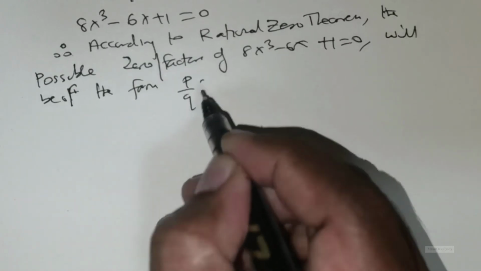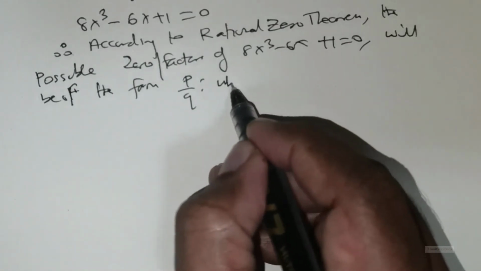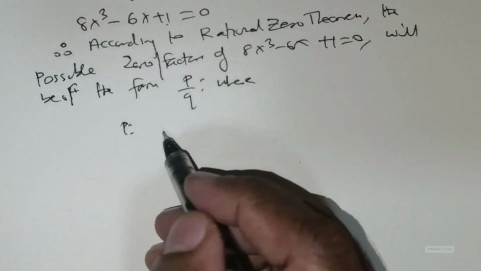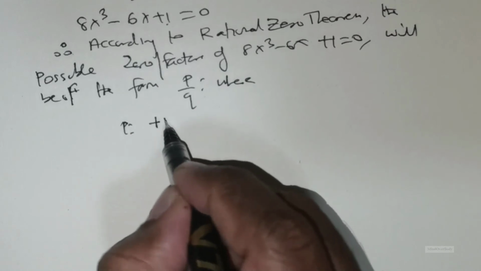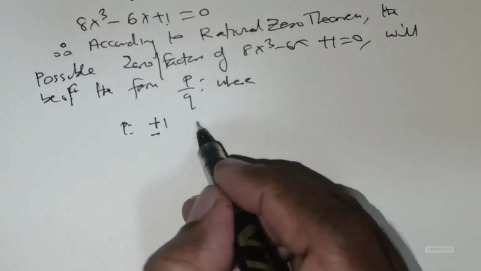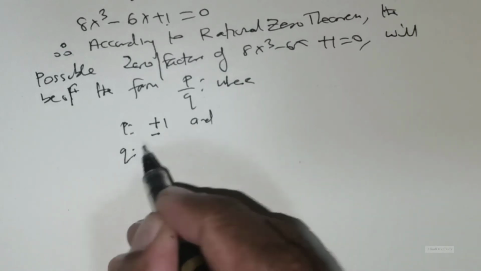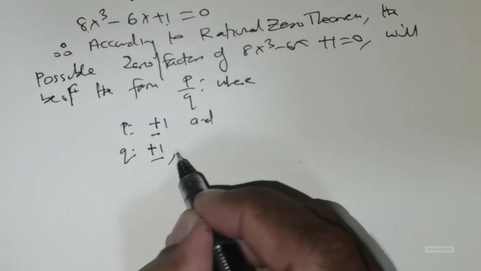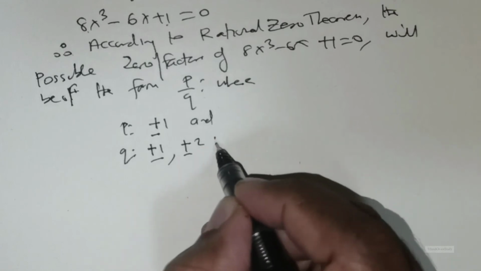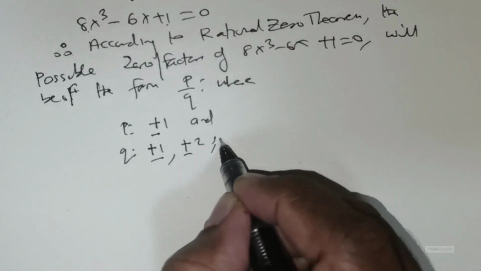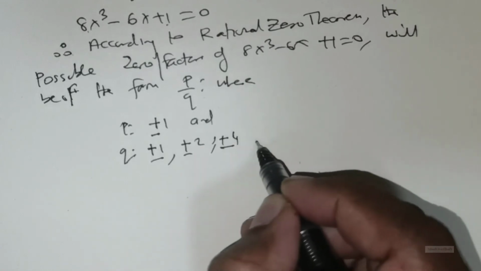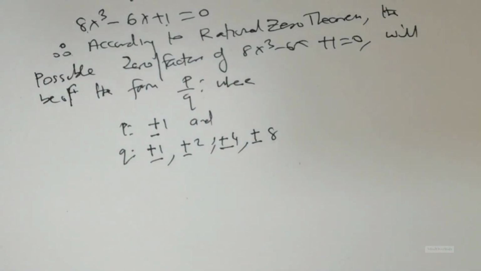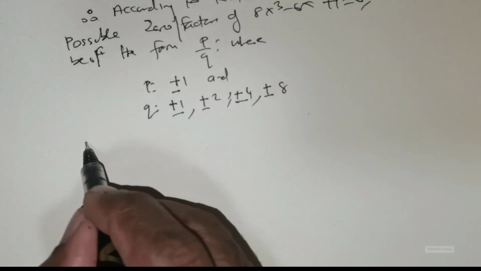p divided by q. Where p is all factors of 1, which is plus 1 and minus 1, and q is all factors of 8, which is plus 1 minus 1, plus 2 minus 2, plus 4 minus 4, and plus 8 minus 8. Now we need to obtain p divided by q.